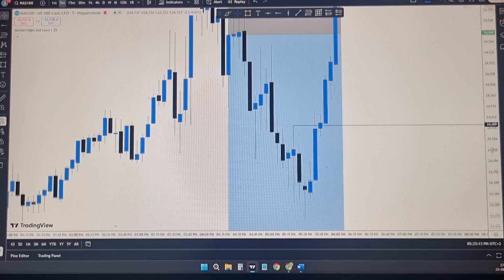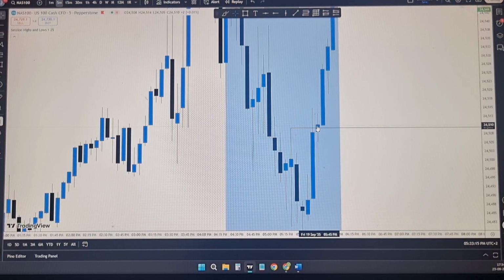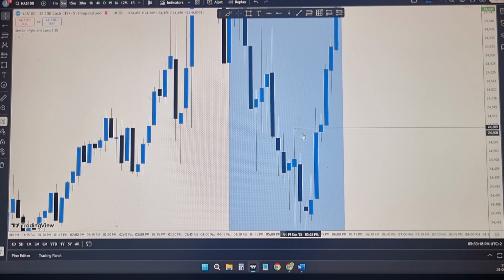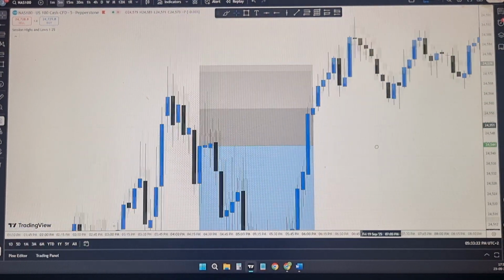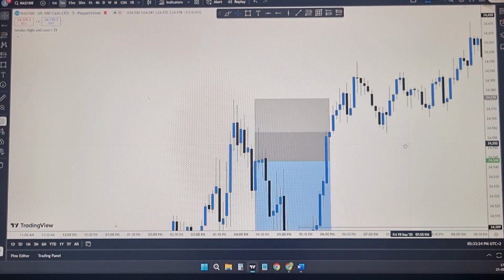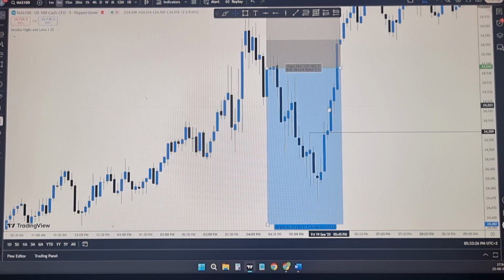We closed above that high, where we could have exited because we broke structure on a higher time frame, and then price went up hitting stop loss. So you can use it for a lot of stuff.